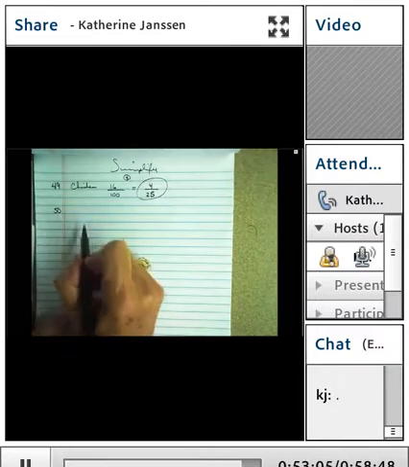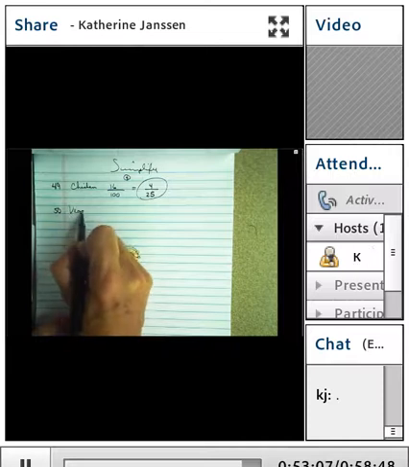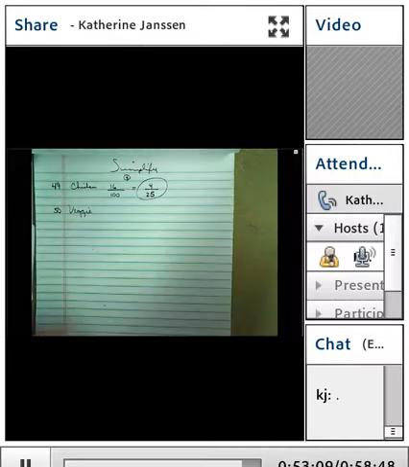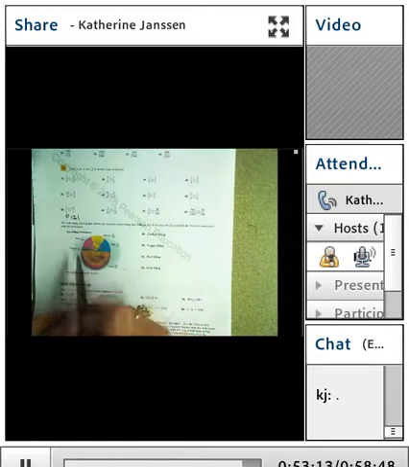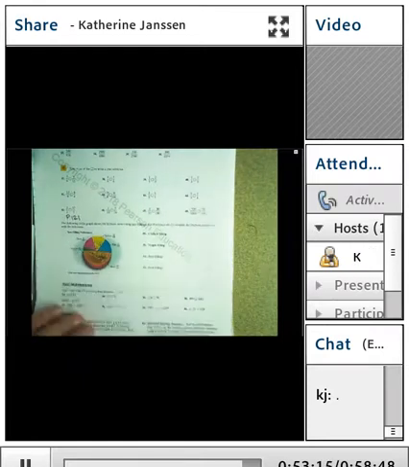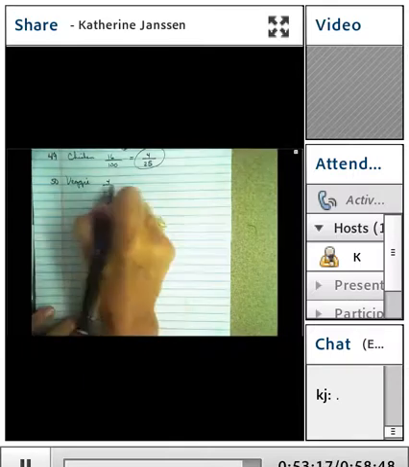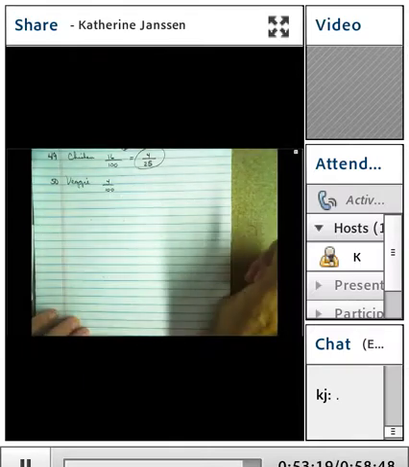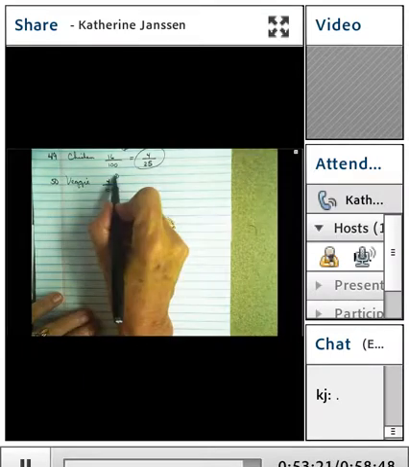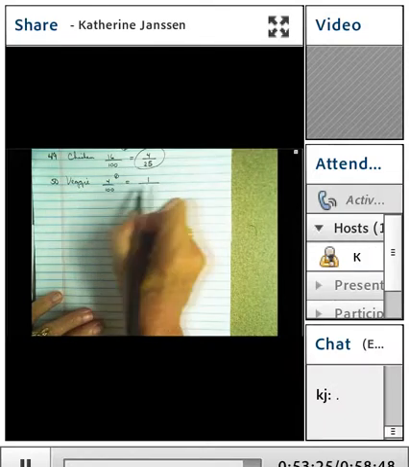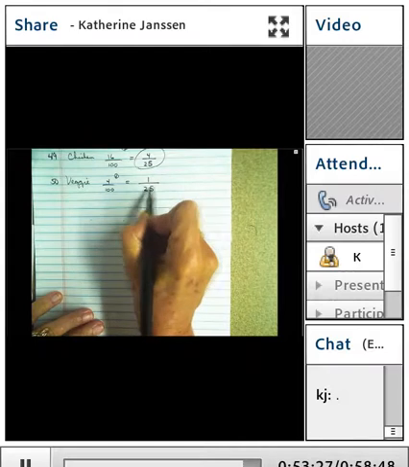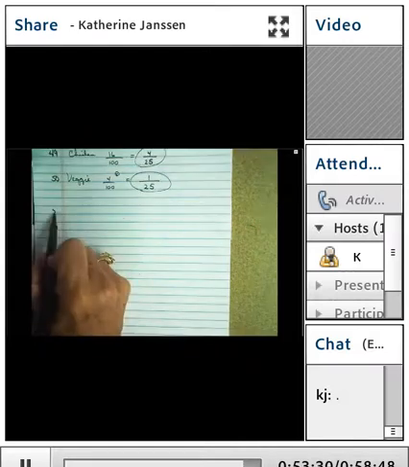Item 50, we're supposed to look at the veggie filling and simplify it. Well, I'm looking at my chart, and I'm finding the veggie reference at 4/100. Again, 4 goes into 4 and 100 evenly, so 4 goes into 4 once, and 4 goes into 100 25 times. It's simplified.